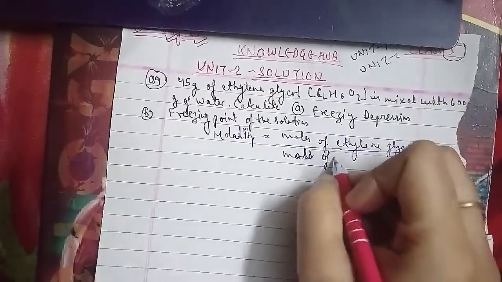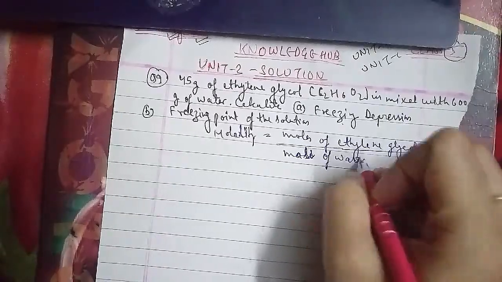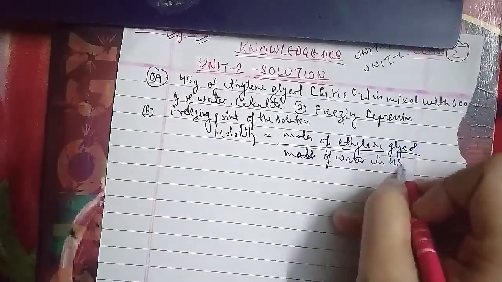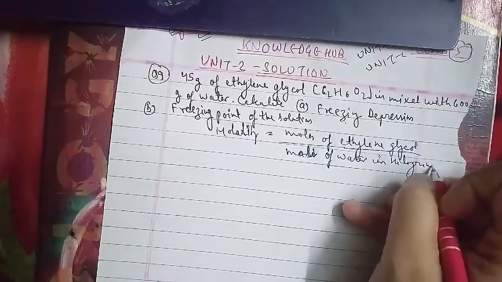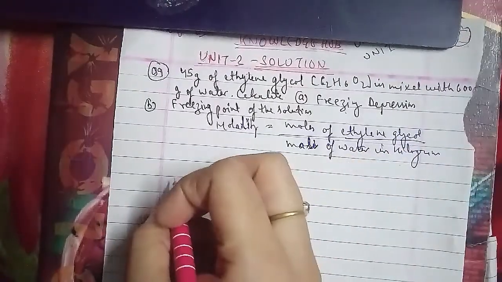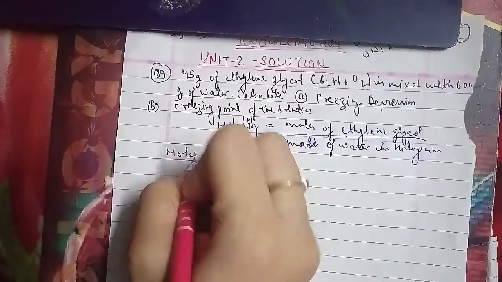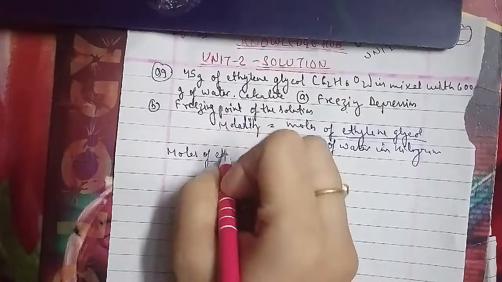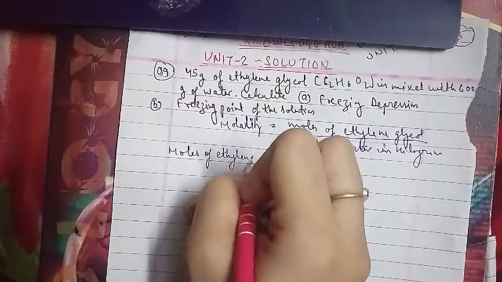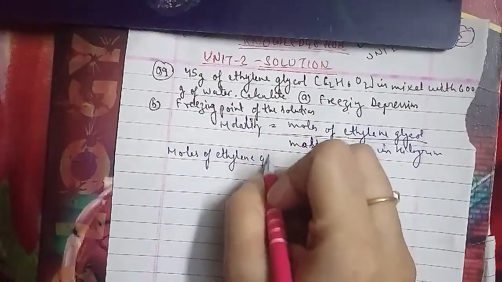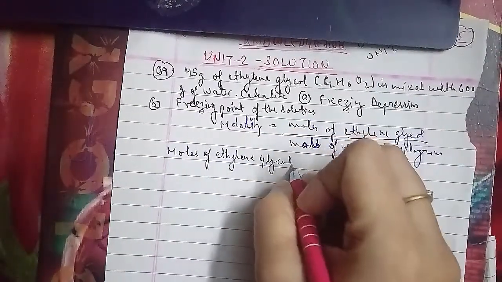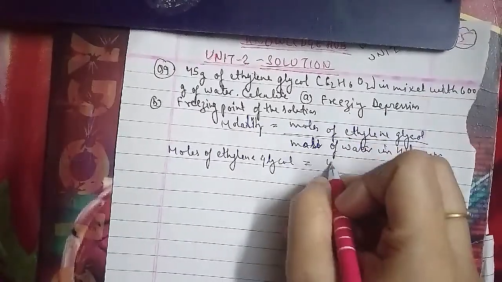So moles of ethylene glycol equals 45 gram upon 62 gram mole inverse, which equals 0.73 mole.